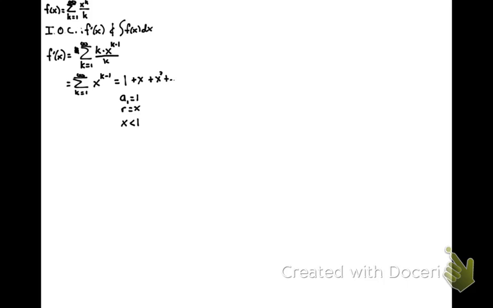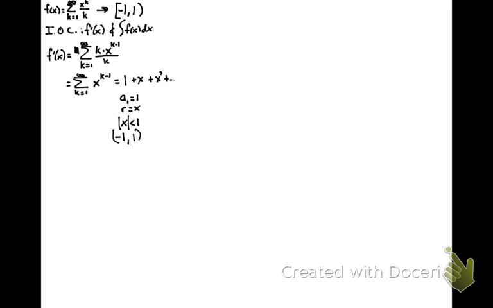Geometric series converge when the absolute value of the common ratio is less than 1, which means that the interval of convergence for this is from -1 to +1. And notice how that contrasts with the original function, which would have an interval of convergence of -1 to 1, including -1.